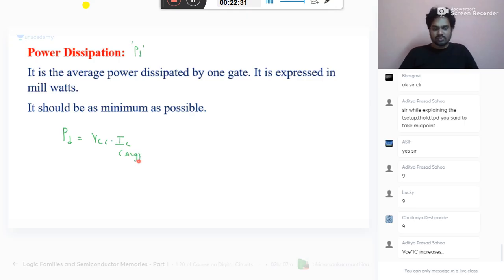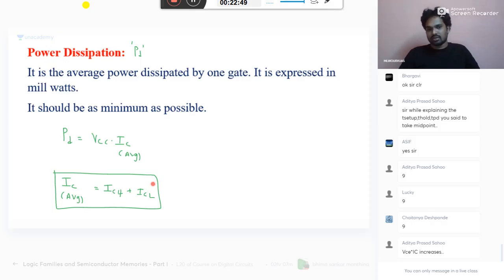For a transistor, IC average is the collector current when the output is high plus when the output is low, averaged. This is not required for you, but when output is open circuited and when output is short circuited, in different cases you get a different current, not the same. So we should take the average every time.